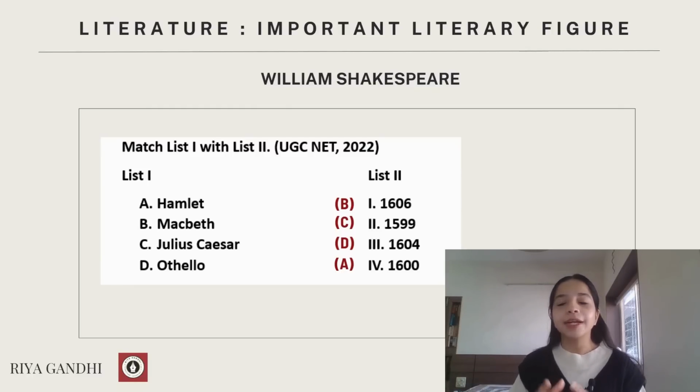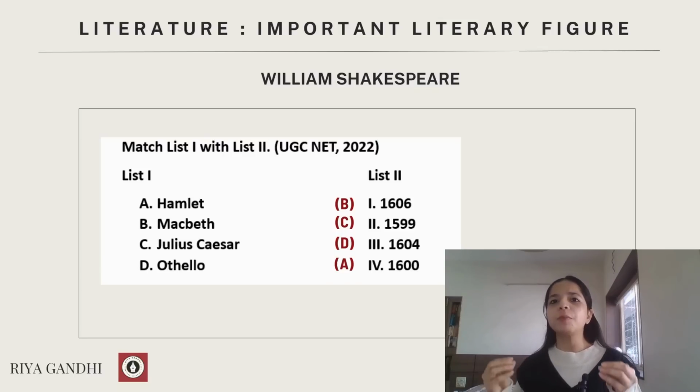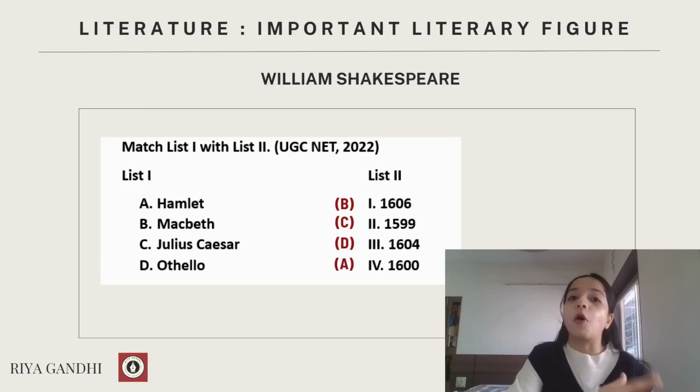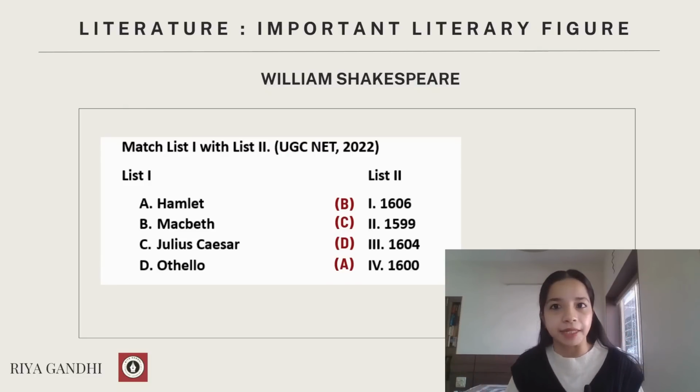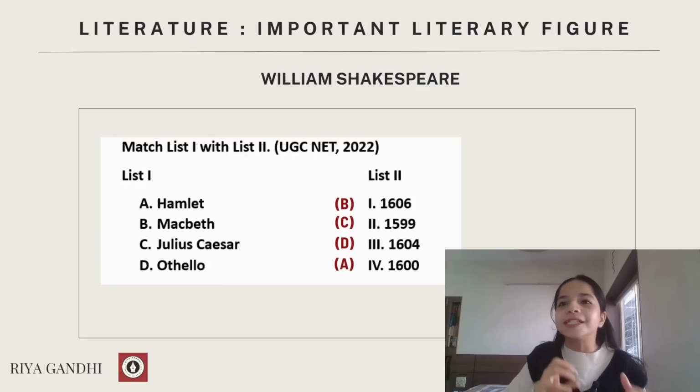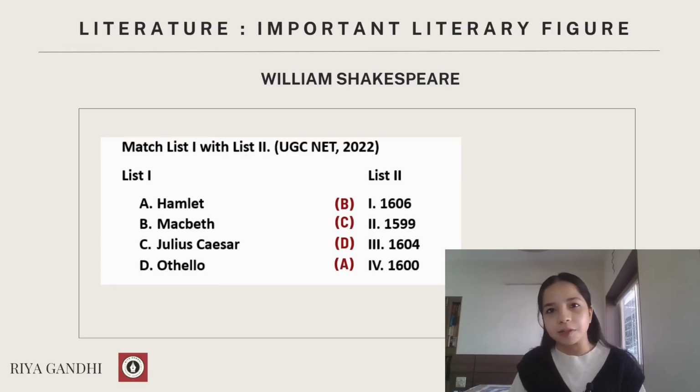Now guys, when it comes to William Shakespeare, one of the biggest difficulties that a lot of UGC NET English aspirants face is that Shakespeare has written 154 sonnets and some 38 plays. How are we supposed to remember the years, the plot points, or even the characters for that matter? So, to save you the trouble and save you hours of your study time, I have created a video on how you can approach William Shakespeare.